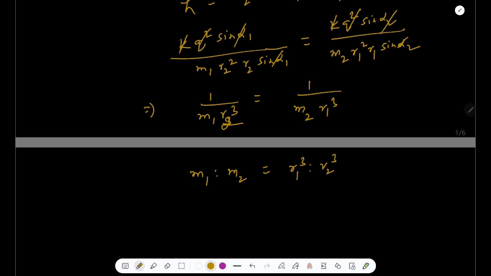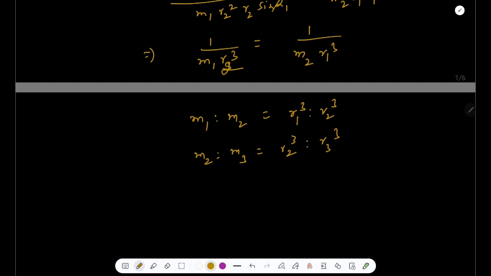In a similar manner we can get m2 is to m3 equals r2 cube is to r3 cube. Therefore we got our answer, m1 is to m2 is to m3 is equal to r1 cube is to r2 cube is to r3 cube. And that's our answer. Thank you very much for watching.